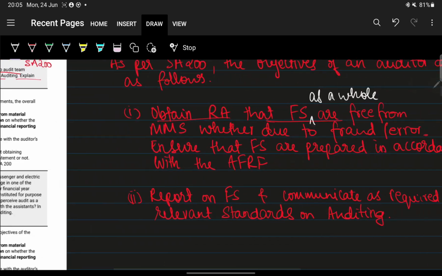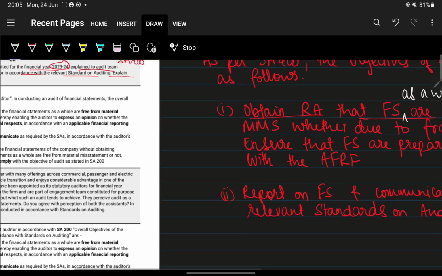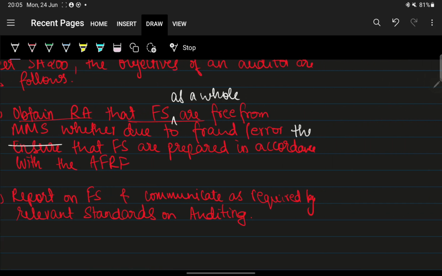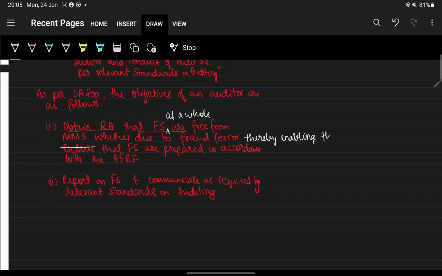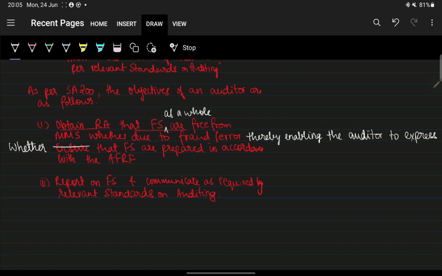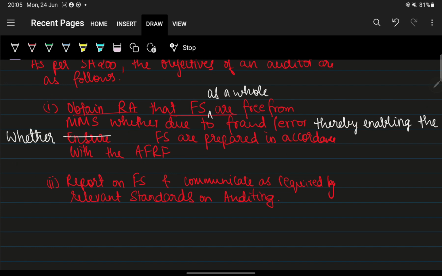And here it is actually thereby enabling the auditor to express whether financial statements, in all material respects, are prepared in accordance with the applicable financial reporting framework.